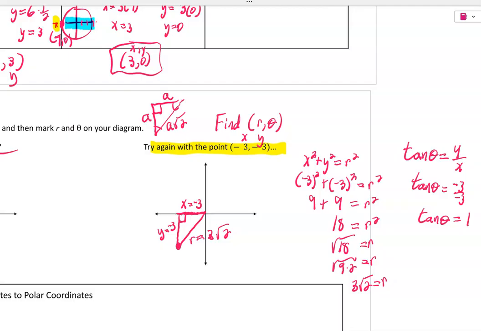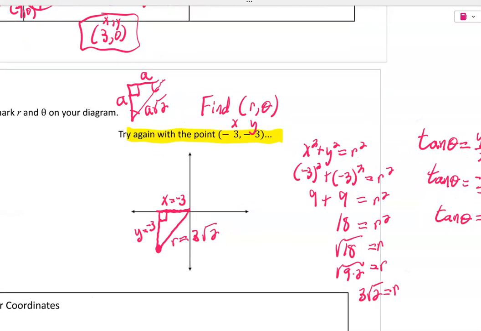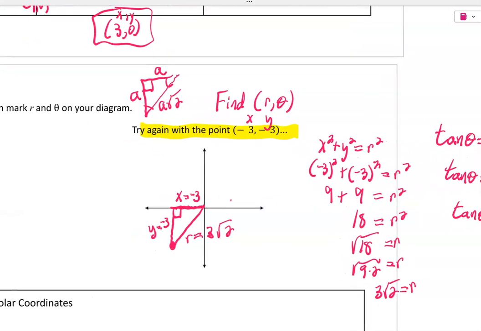Now, it's very, very easy to say, ooh, I've got pi over 4. I think we have seen over and over again that we could have an angle of pi over 4 and then tangent equals 1. However, please understand, pi over 4 is in the first quadrant. And guys, this angle is in the third. So you know what you just found?